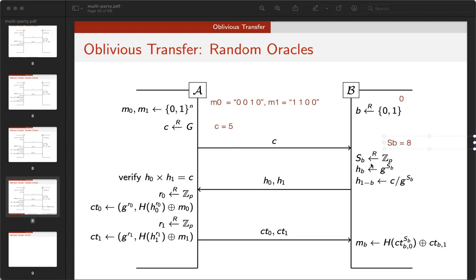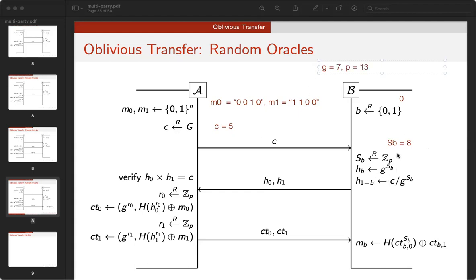Now our prime order group is bounded by 13, which means we can use 7 as a generator. So our generator G is 7 and our prime order P is 13 for our group.